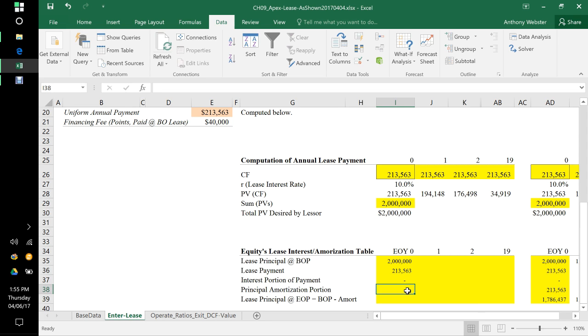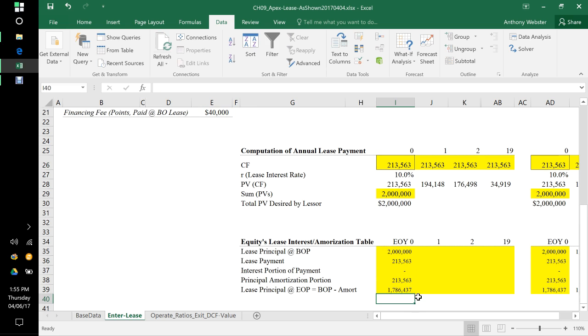So that's going to be equal to, as usual, the total payment minus the interest portion, which, since there was no interest, is 100%. Okay, and now what's the lease principal? As usual, it's the principal at the beginning of the period minus the amount that was amortized here.